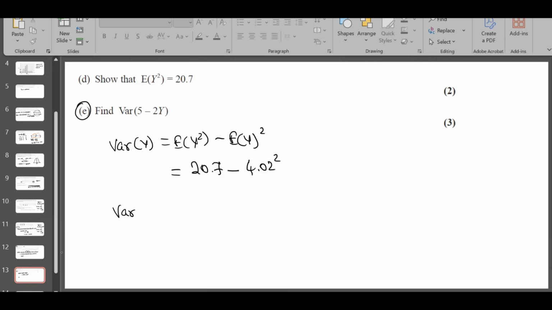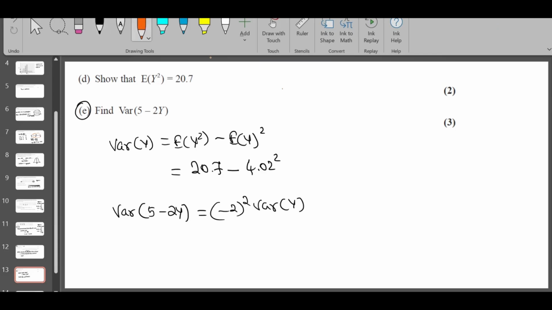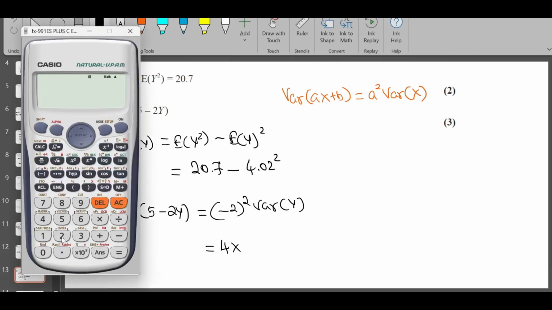Now you can find variance of 5 minus 2y, using the formula: minus 2 square times variance of y. We are using this rule: variance of ax plus b is a square variance of x. So it's going to be 4 times whatever answer we are getting. So 20.7 minus 4.02 square.